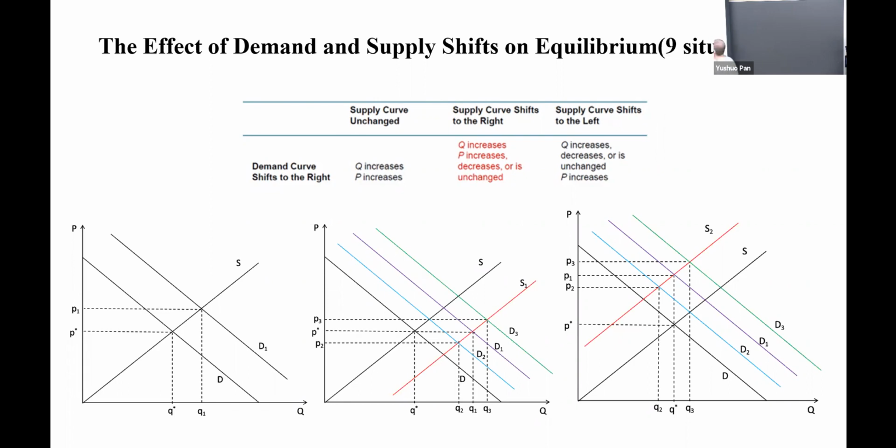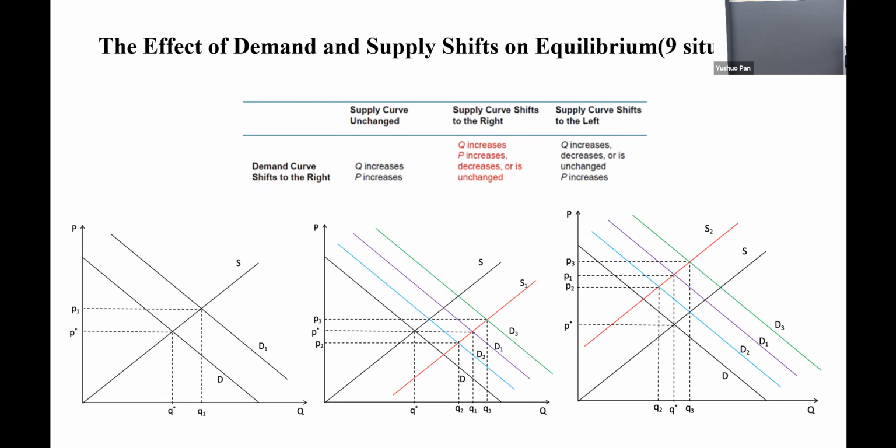What happens if the supply curve shifts to the right? First, the supply curve shifts to the right, and the demand curve should also shift to the right. In this scenario, we have three different situations. If the demand curve shifts to the right by the same amount as the supply curve shift, that's from D to D1, the purple line here.